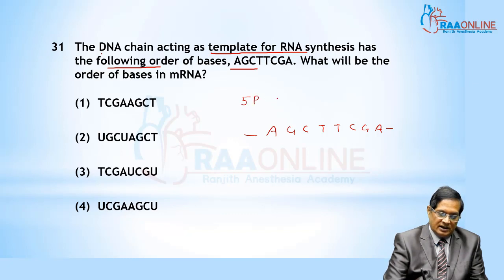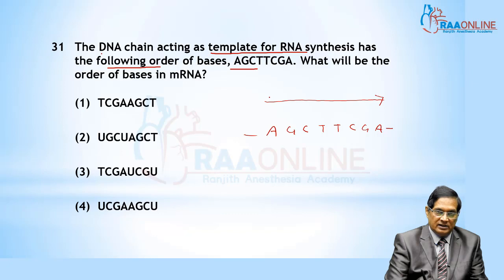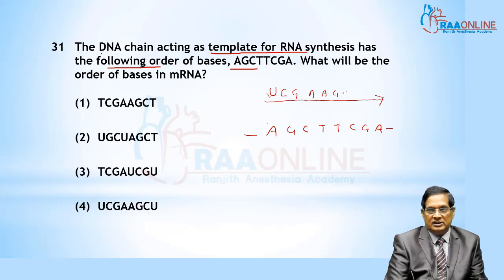RNA is formed in this direction over this chain. So A combines with T, but T is not found in RNA, so here we write U, then C, then G, then A, G, C, and U. Check the sequence.